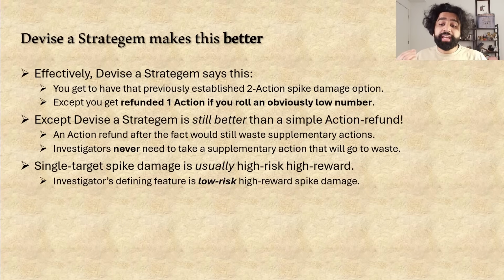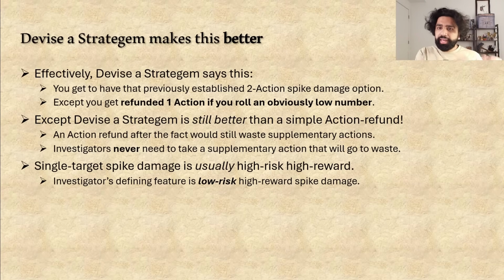And the investigator's defining feature is that they are a spike damage class that has low risk spike damage. Compare this to a class like the Magus, or even classes like the Inventor or Monk or Fighter that have optional 2-action spike damage features like Megaton Strike or Vicious Swing or Tiger Slash.